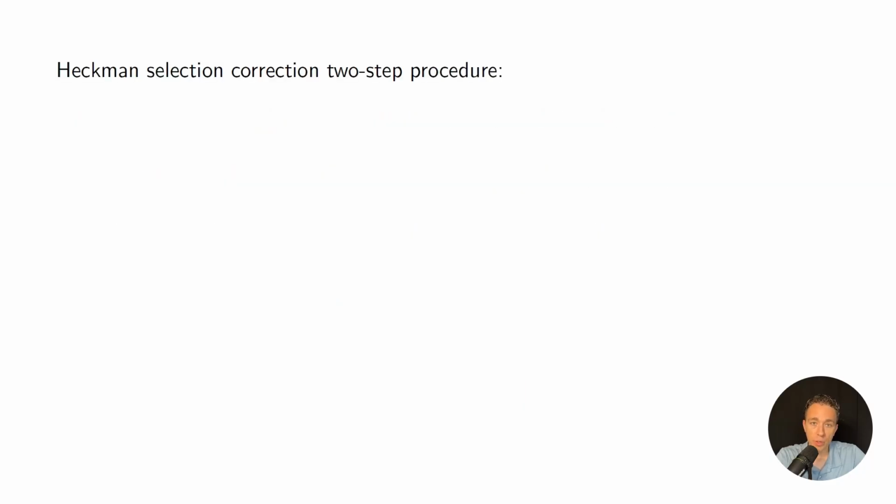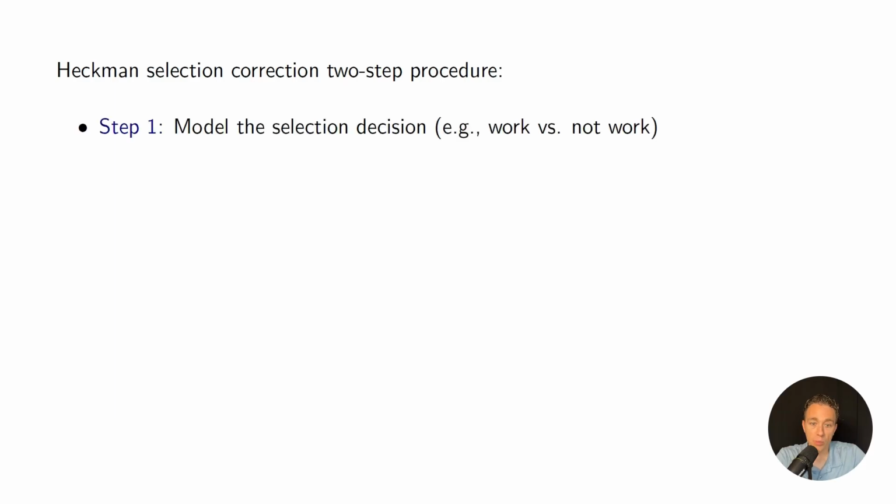So just to review what Heckman's basic procedure is, we model a selection decision as a utility maximizing process. So we have some variables that might explain whether somebody's working or not. And then we estimate, say, a probit model of that utility maximizing behavior.